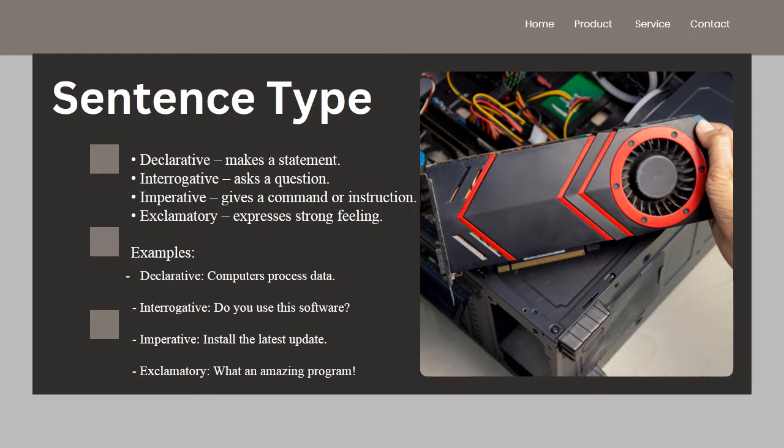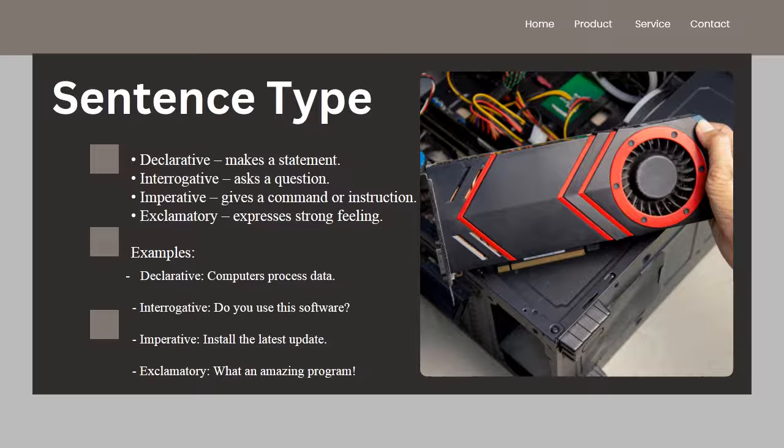There are different types of sentences. Sentences can serve different purposes. A declarative sentence states facts, like computers process data. An interrogative sentence asks questions. Do you use this software? However, imperative sentences give commands or instructions or orders.